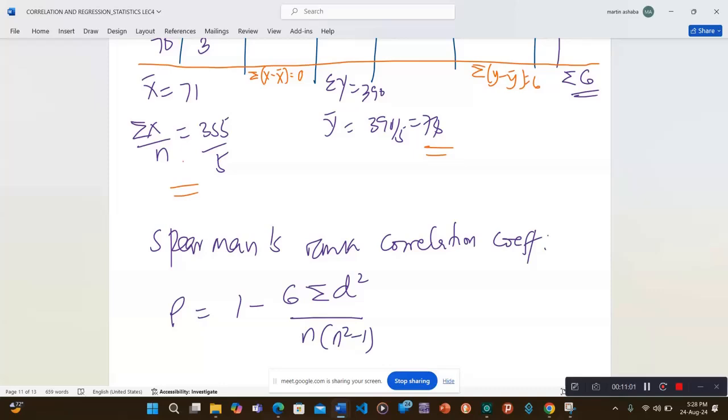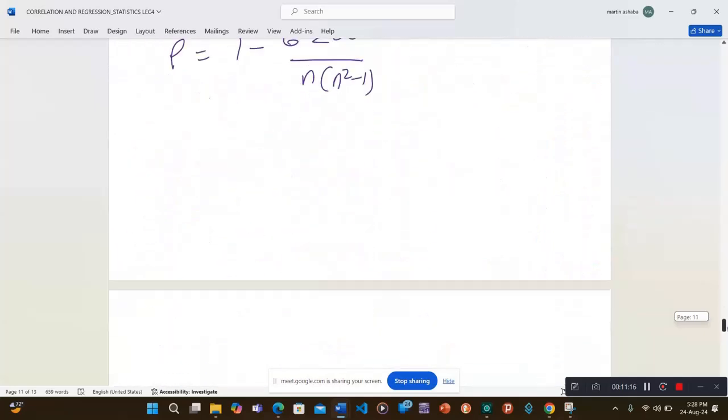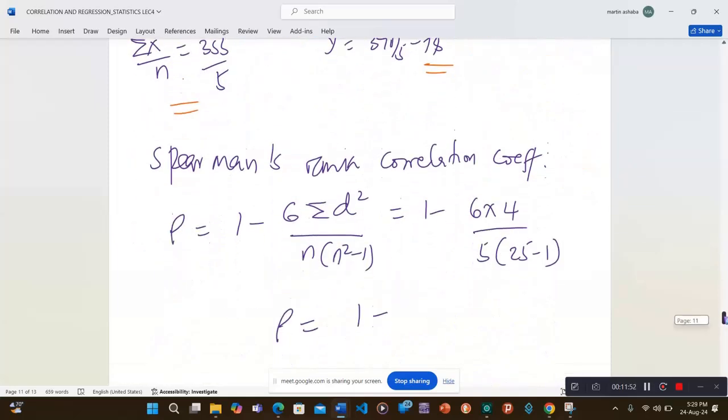What is n? n is the number of data points, which is 5. So this is going to be 1 minus 6 times 4, divided by 5 times 25 minus 1. The sum of d squared should be 6.